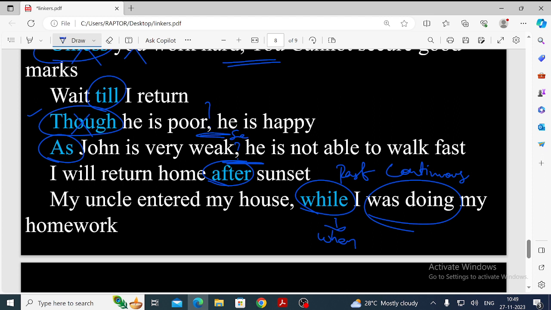What will you do if the sentence is like this: though he is poor, but he is happy. As John is very weak, so he is not able to walk fast. They have mentioned that you have to find the error. What error should we find there? Very simple. Either we want to use the subordinate conjunction or the coordinate conjunction. That's it.